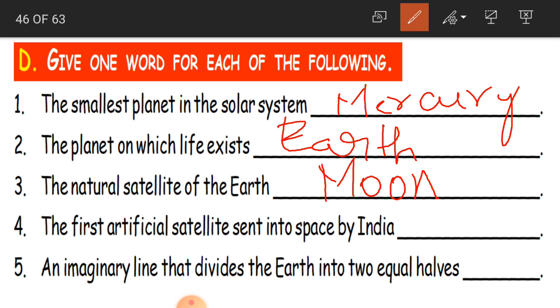People have invented artificial satellites, children, and foreigners invented them first. But from our country, India, the first artificial satellite sent into space, the name of that satellite is Aryabhatta.